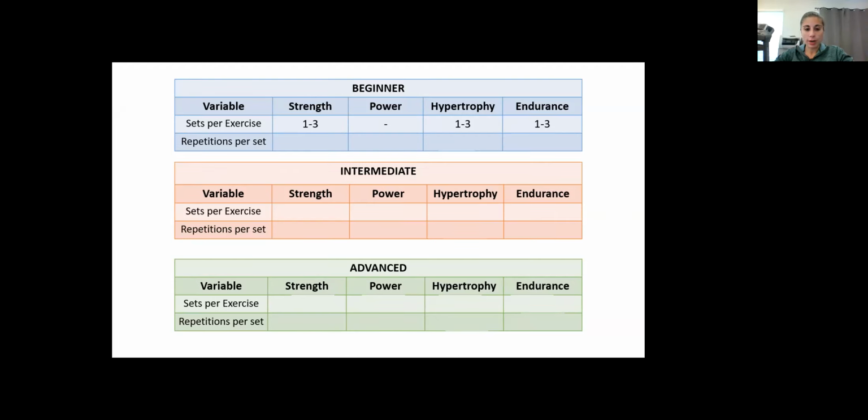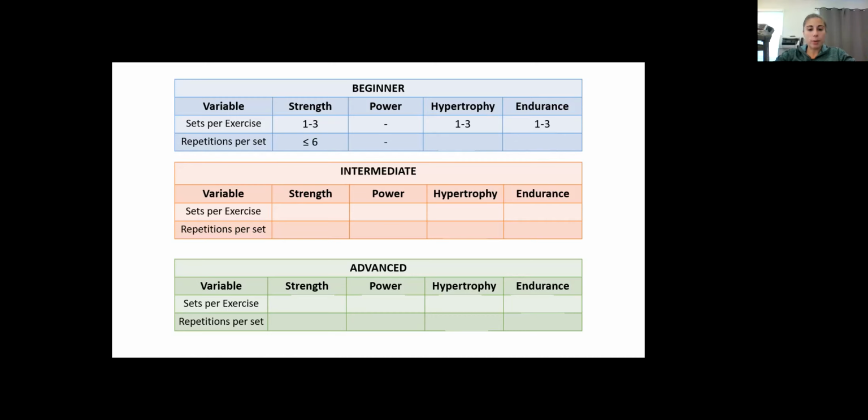So that's not strength. Remember, what is the rep ranges for strength? It's less than 6, okay? And as I said, most beginners are not going to do that anyways, but again, if for any reason you might, it would be less than or equal to 6. That is the recommendation for strength. So power, we know we don't recommend. I would even, again, mark out the strength column, but it is there. So again, if you ever did.